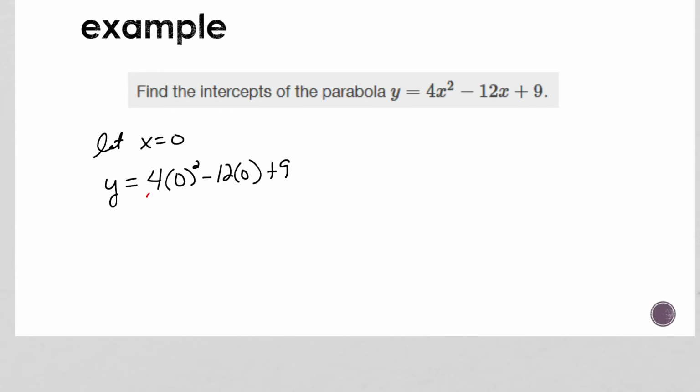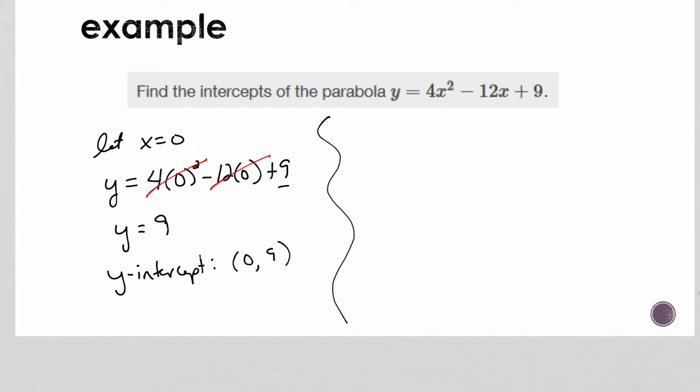This creates 0, this creates 0, and we are left with just 9. So our y-intercept is at (0, 9). That one's always the easy one to find.